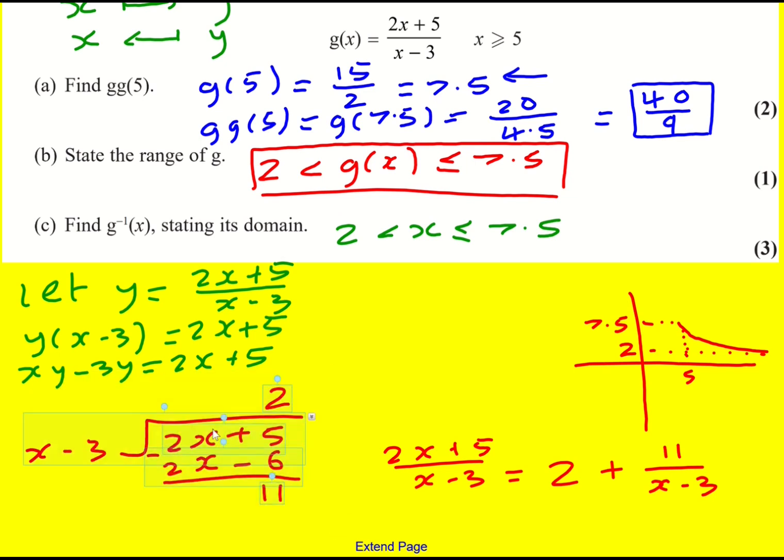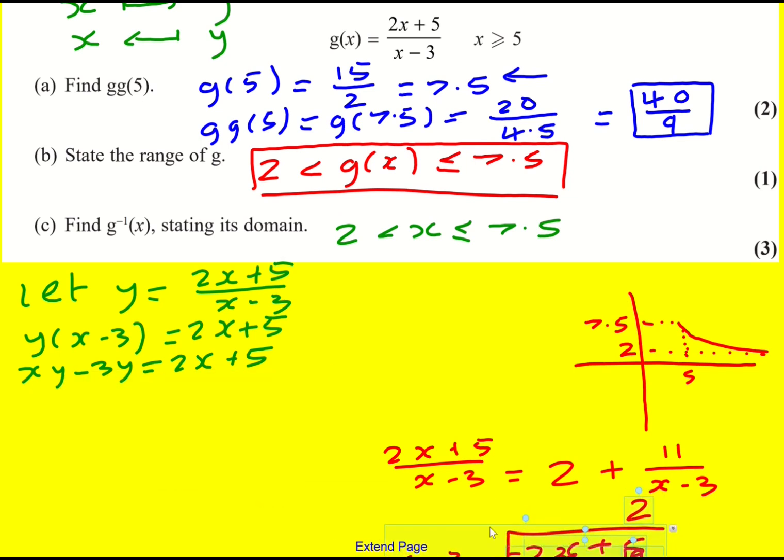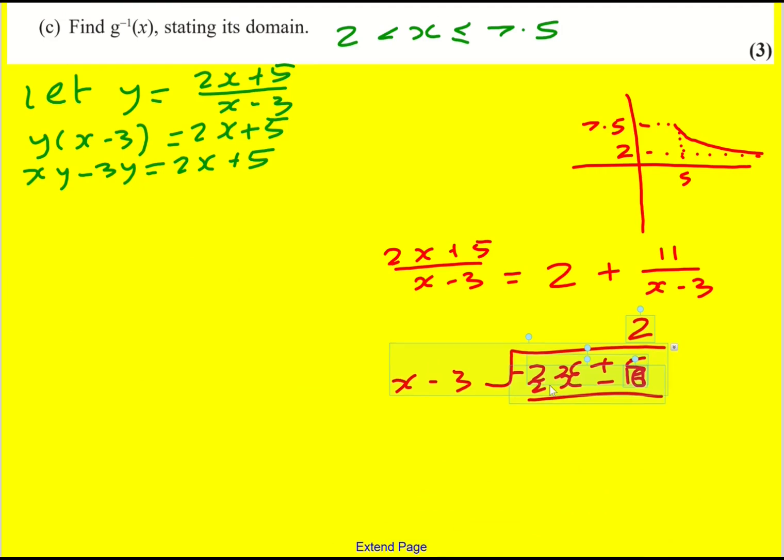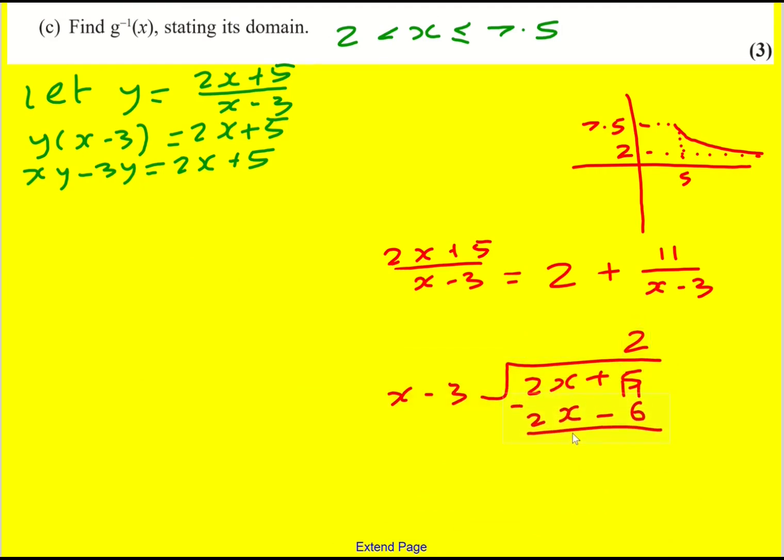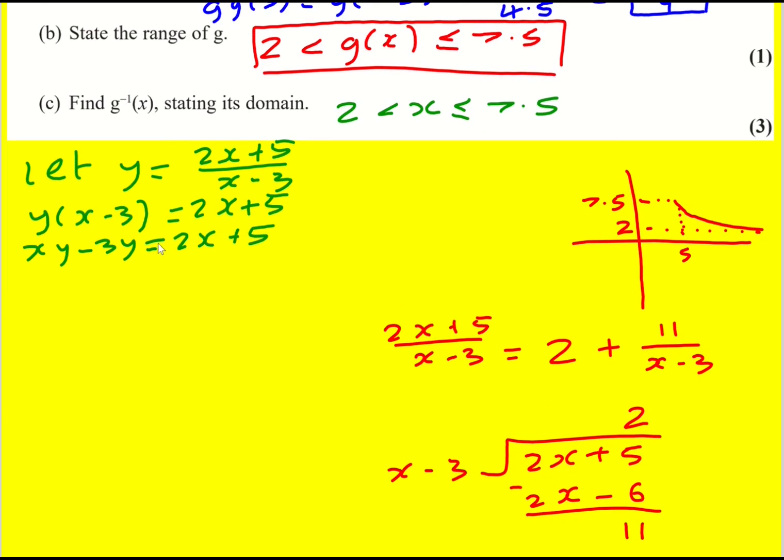Let me just move this away down here. Okay, and then rearrange this. I can write 3y plus 5 is xy minus 2x. I've got to get x on the same side because then I can factorize it out.